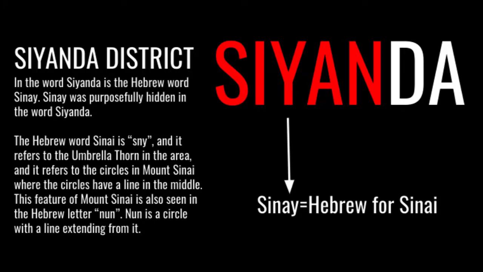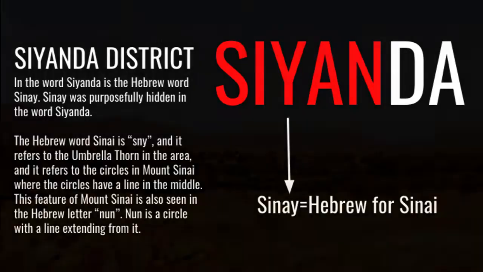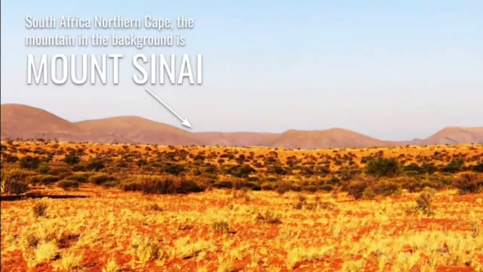As we examine the word Siyanda, we will see the Hebrew word with the Ivri letters S, I, Y, A, N. That is Hebrew for Sinai, and it is hidden in the word Siyanda. In the Bible, Mount Sinai is the mountain where the 10 Commandments were given to Moses by God.